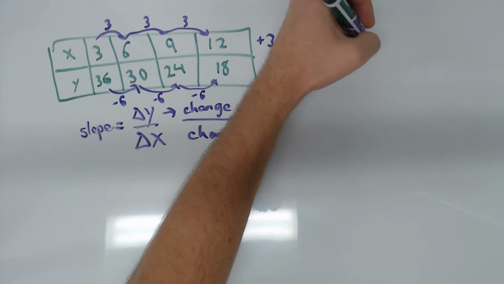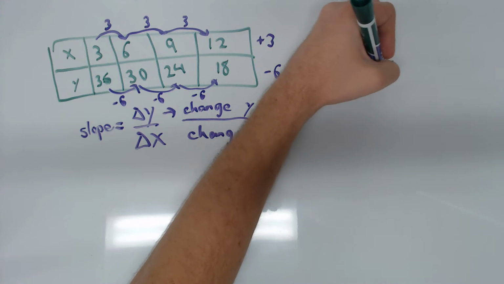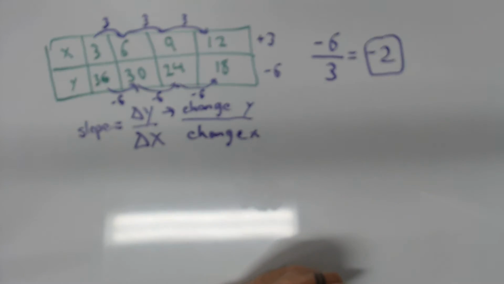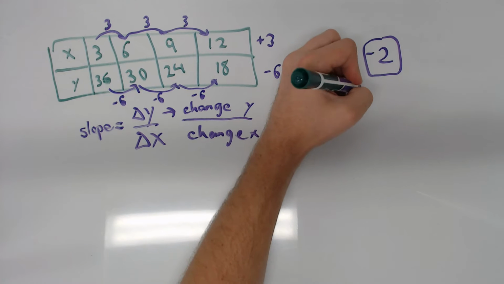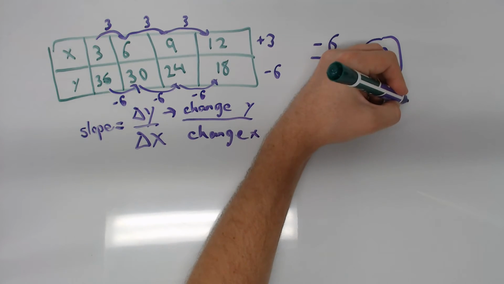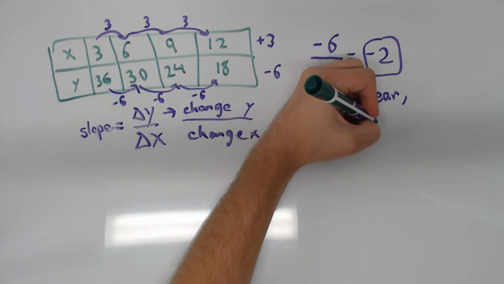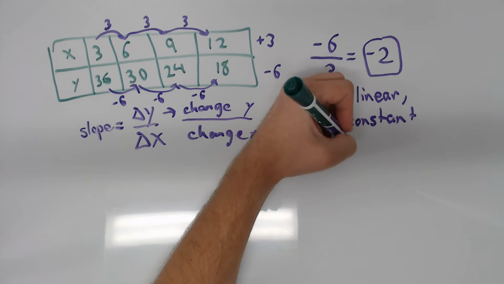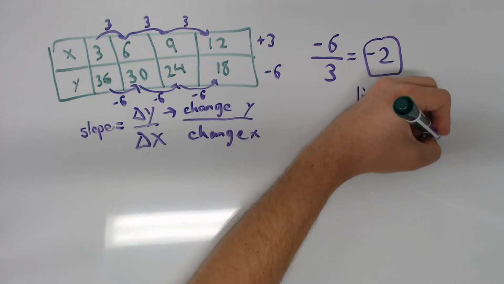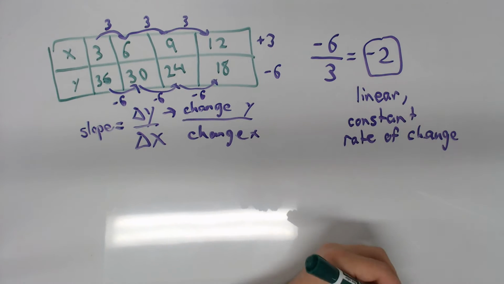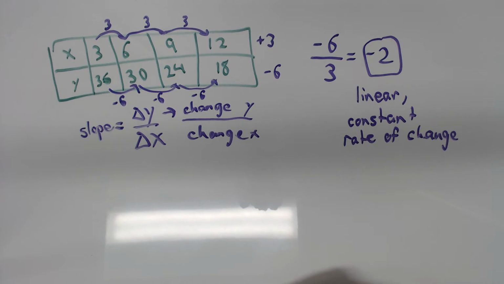Negative 6 over 3 is the same as negative 2. Now, if we are able to find these constant changes, it's linear. It has a constant rate of change. This is the vocabulary I expect us to be able to use and understand for problems like this.